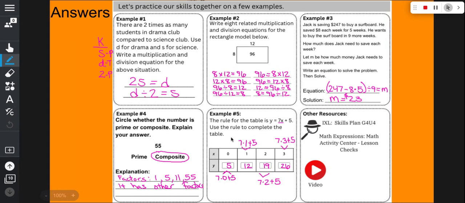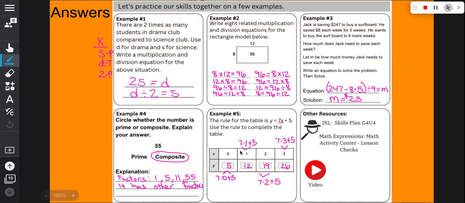And number 5, if we have the rule of y equals 7x plus 5, if we know that x is 0, we can replace it into our equation. Number next to letter means to multiply. So 7 times 0 is 0, plus 5 is 5.